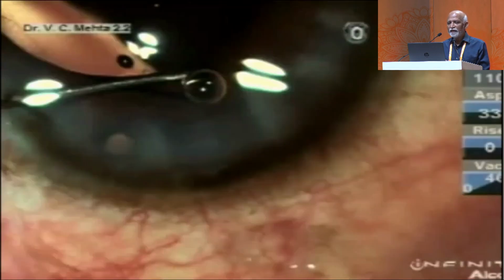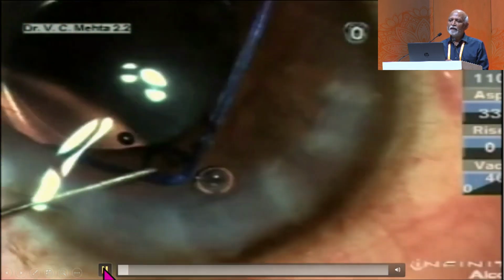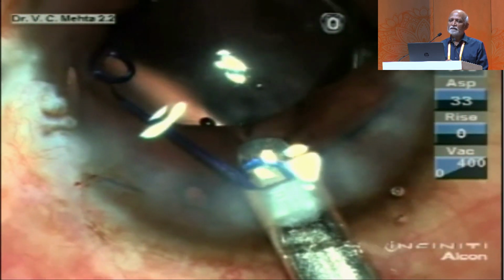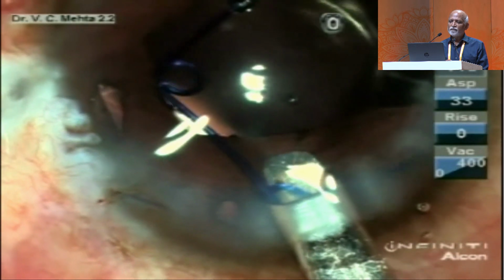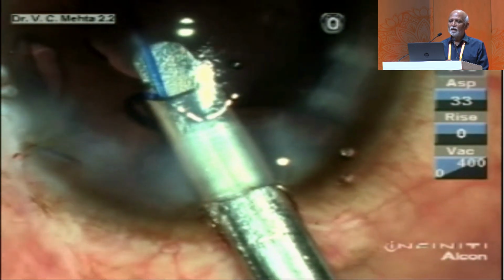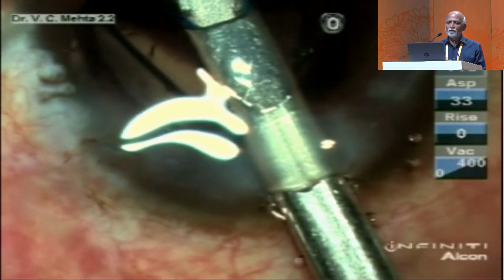Well, removing the ring also is sometimes an issue. Initially, when we were doing this particular case, one of the very beginning cases where glaucoma surgery has been done, and there is a large peripheral iridectomy, I am just pulling out the ring, but both the arms are not getting into it, but I thought that I would be able to take it out.